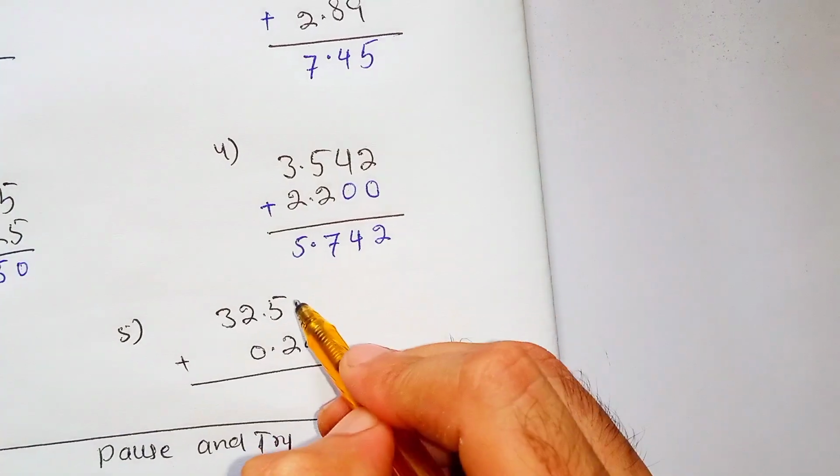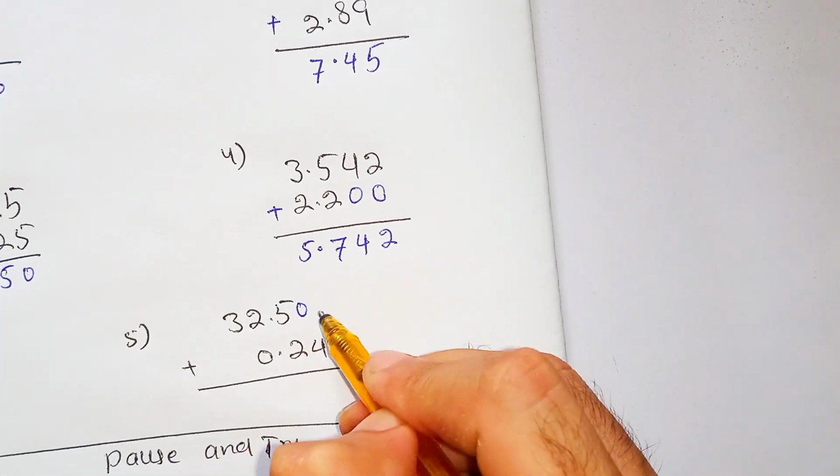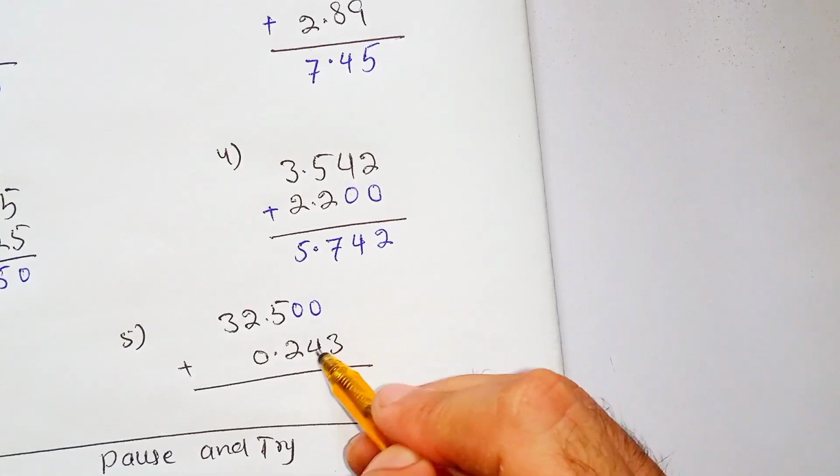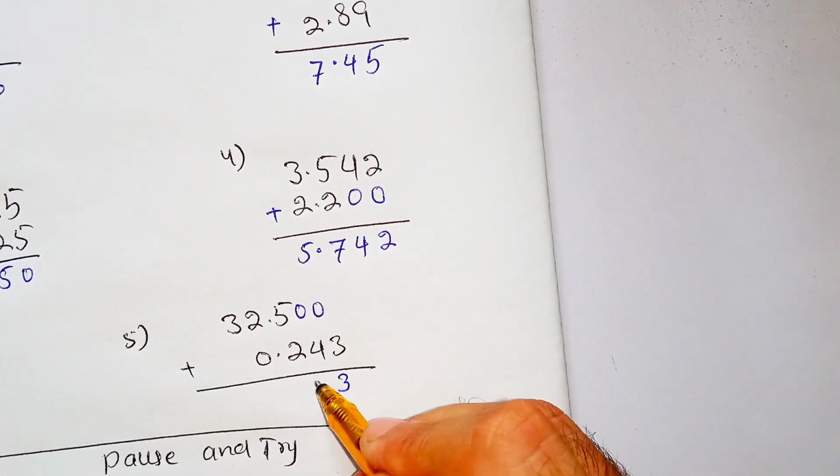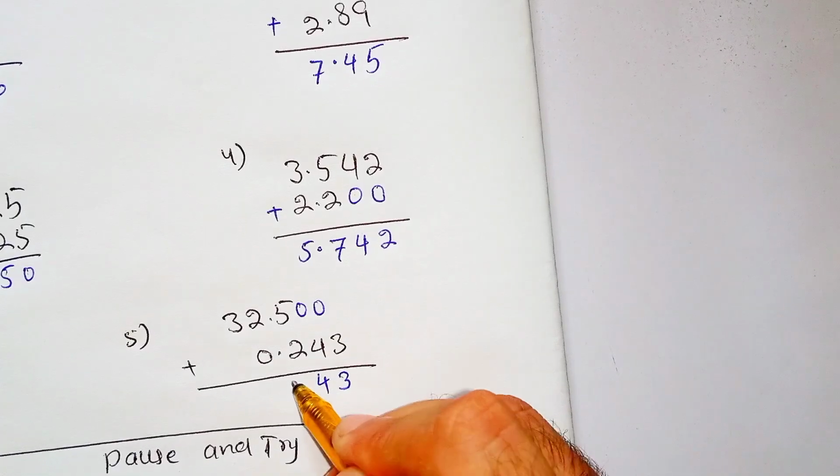Now in this example, 2.5 plus 0.243. So again, we will write the 0 after the 5 and 0 under 4 and 3, right? So 0 plus 3 is 3, 0 plus 4 is 4, 5 plus 2 is 7, right?